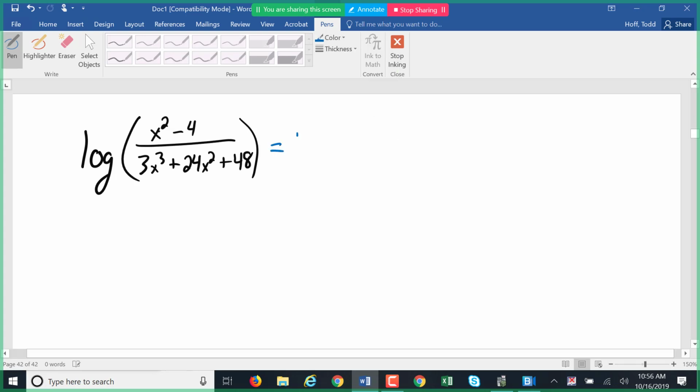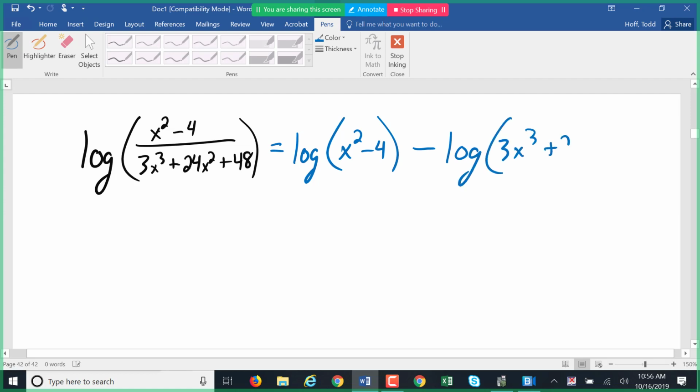We can, of course, split that into log of x squared minus 4 minus log of 3x to the third plus 24x squared plus 48.